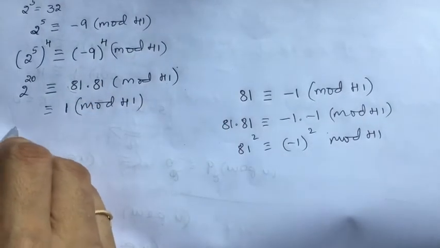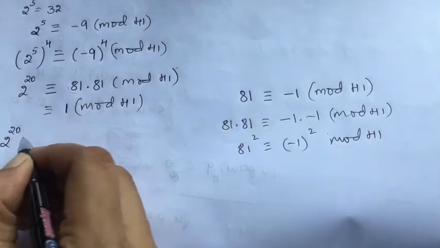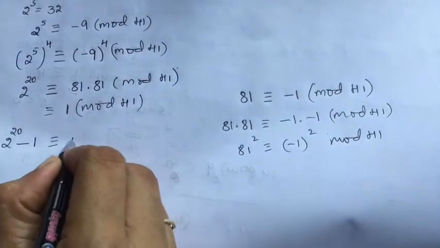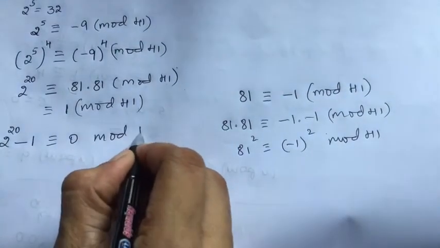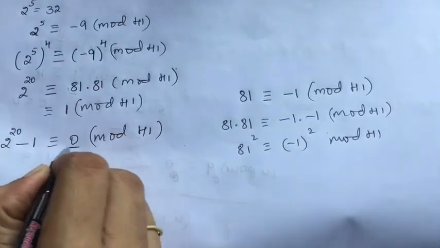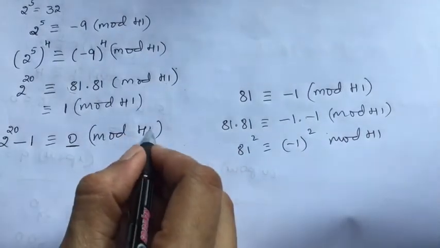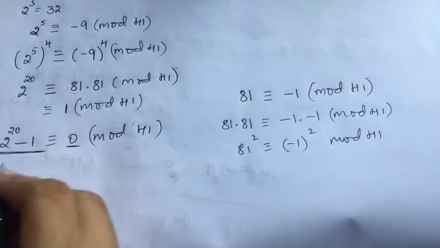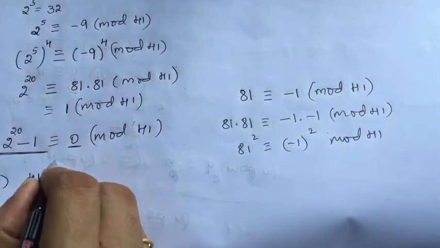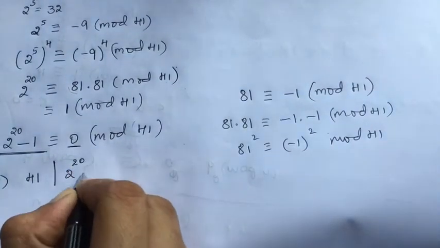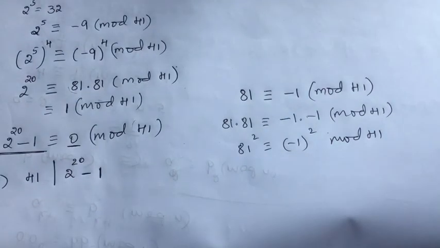So 2 to the power 20 minus 1 is congruent to 0 mod 41. When I am getting remainder as 0, that means this n divides this. That implies 41 divides 2 to the power 20 minus 1.